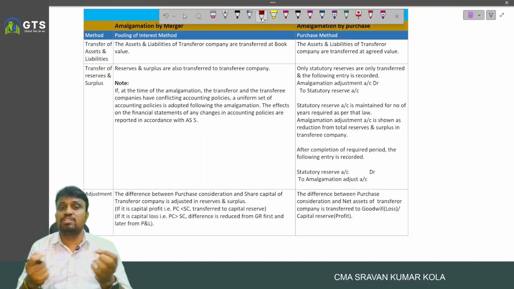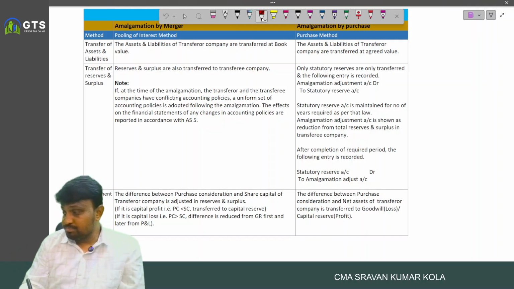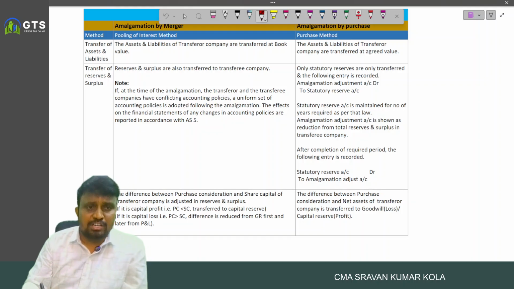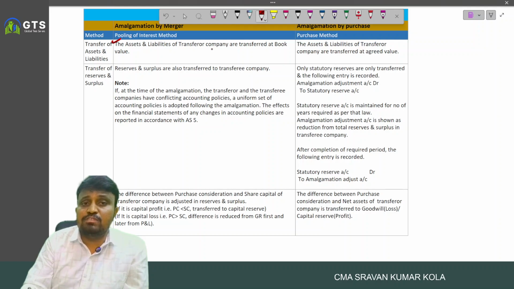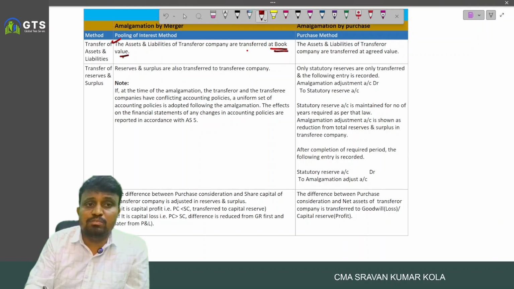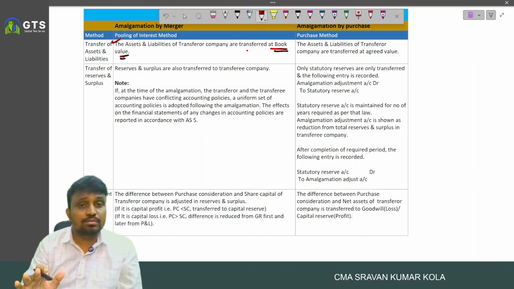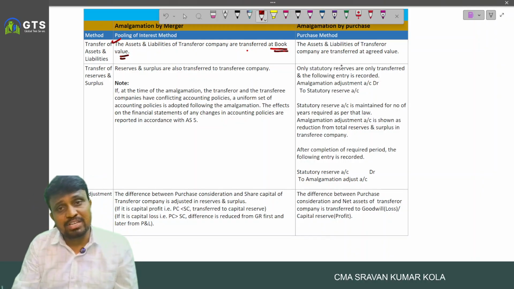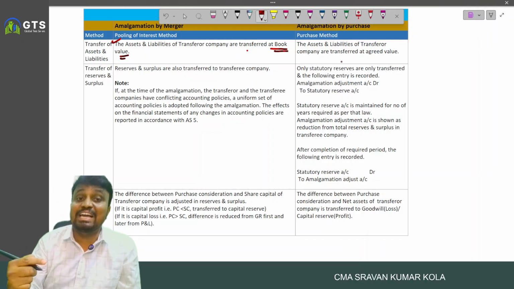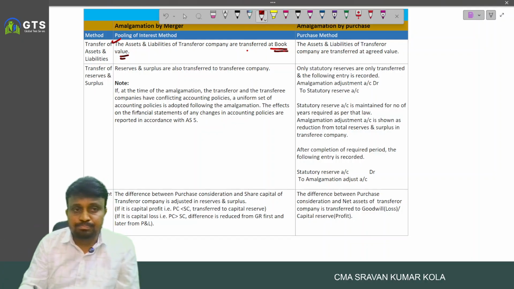First point: all assets and liabilities of the transferor company should be transferred at what? Book value only, because in a merger no adjustment is allowed. But in case of the purchase method, all assets and liabilities are transferred at fair value or at agreed value. If anything is provided at agreed value, we have to transfer it.